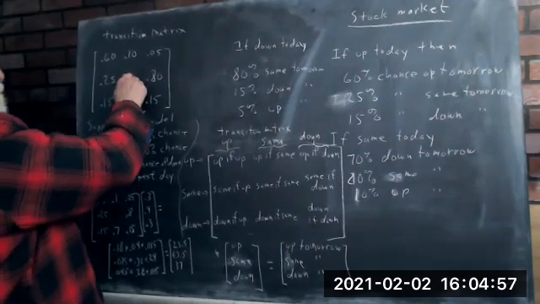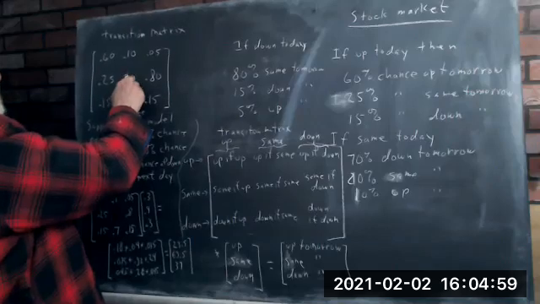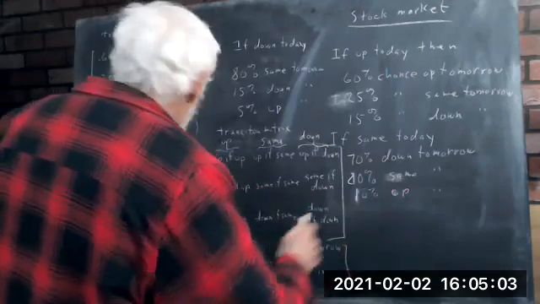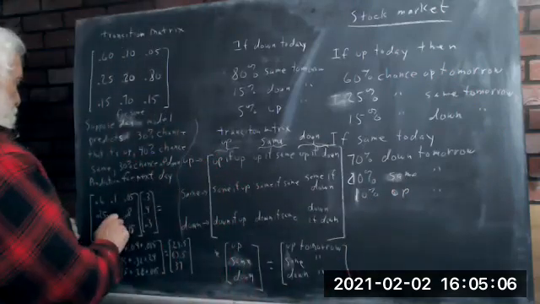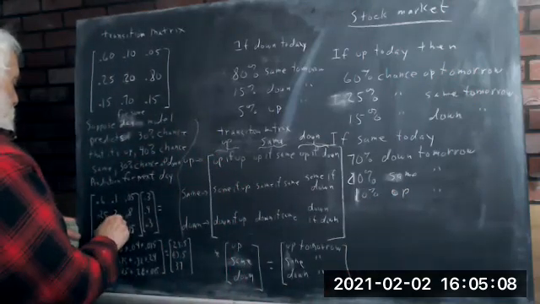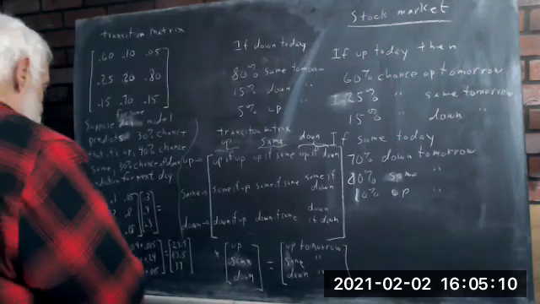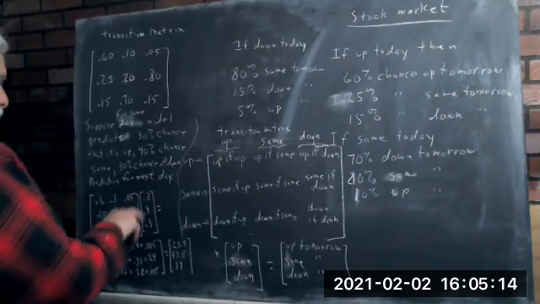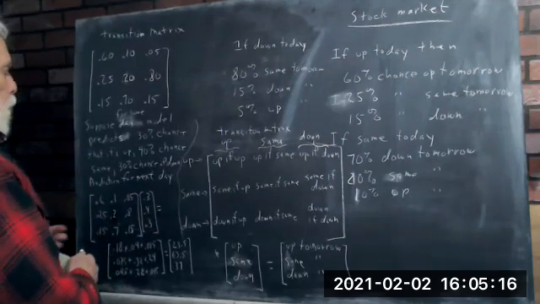This should be 0.2, the probability that if it's the same today, it's going to be the same tomorrow. So I need a 0.2 here. And that's going to change this number. 0.2 multiplying this row by this column times 0.4 is 0.08.